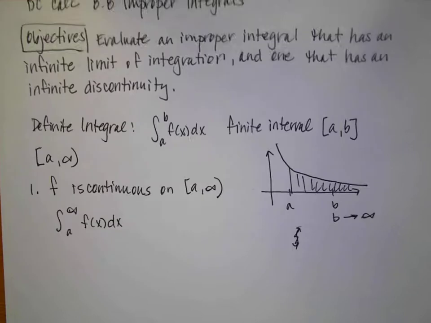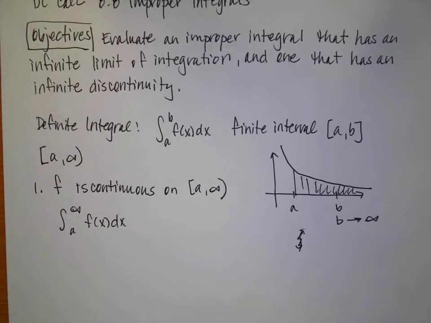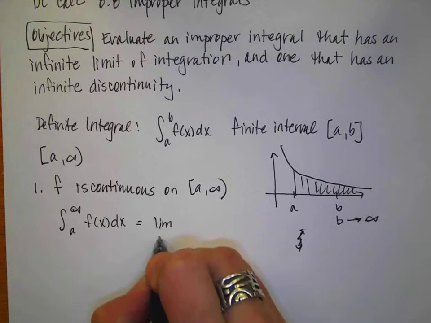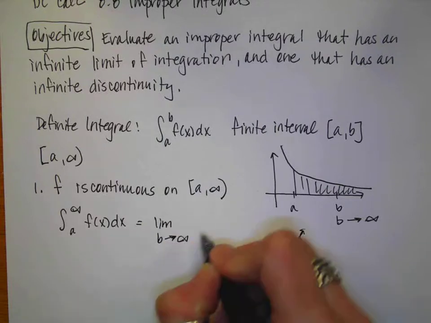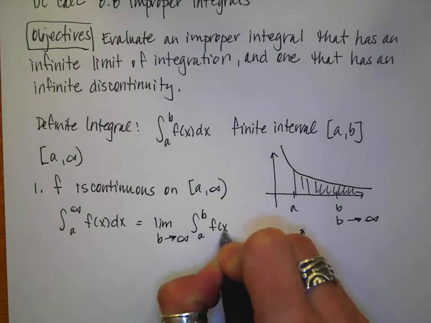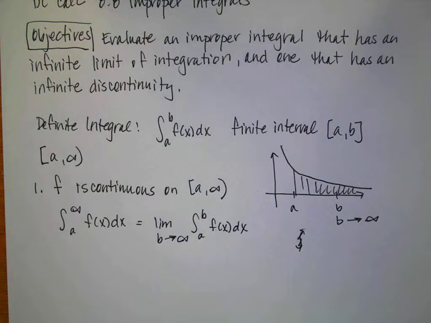Well, I really can't evaluate something at infinity, so I have to amend this a little bit. So I'm going to do the limit as b approaches infinity of the integral from a to b of f of x dx. And then I could integrate the integral from a to b, giving it a fixed interval, and then I could take the limit as b approaches infinity.